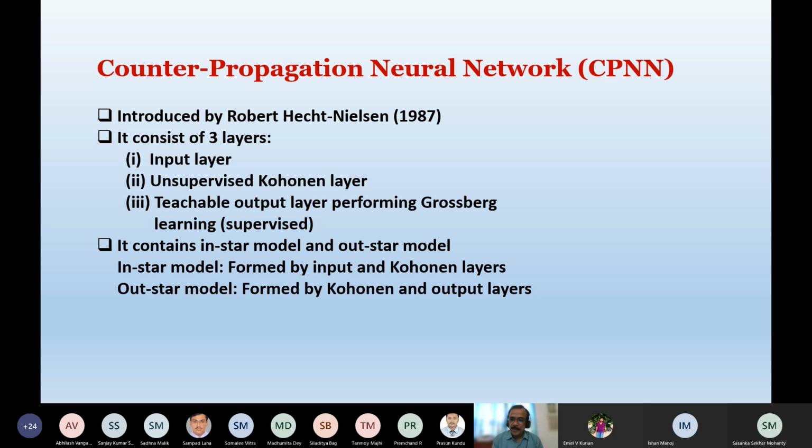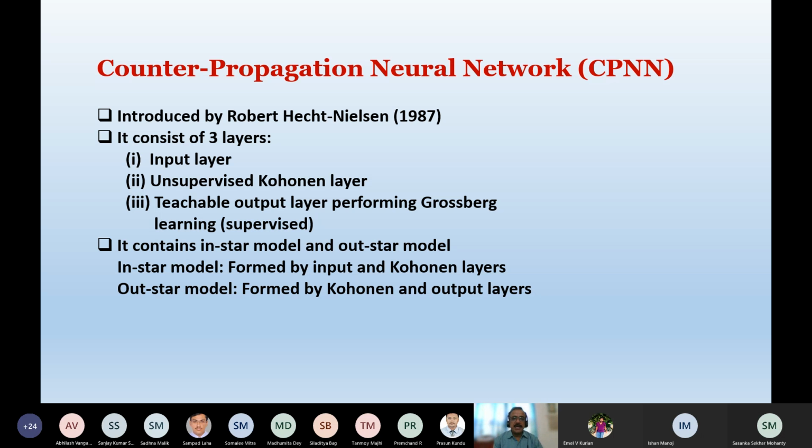You have studied the back propagation neural network, the multi-layered feed forward network trained using the back propagation algorithm. You have studied the recurrent network, which has both feedback and feed forward circuits. And the counter propagation neural network is another type.